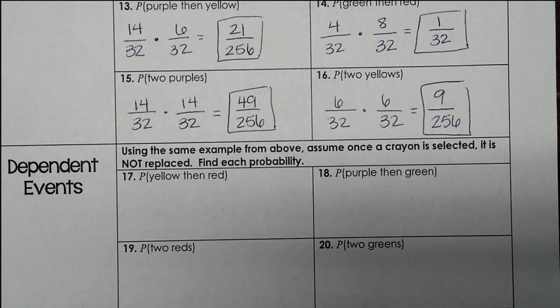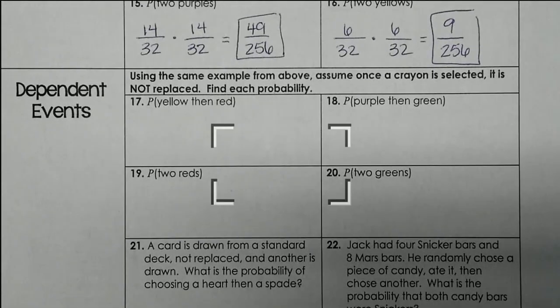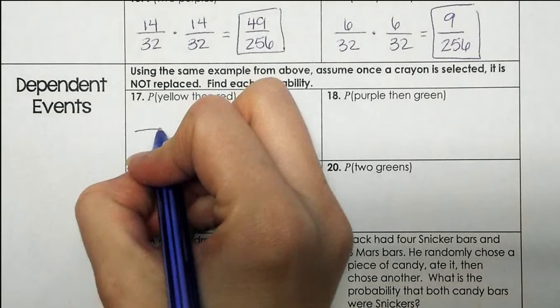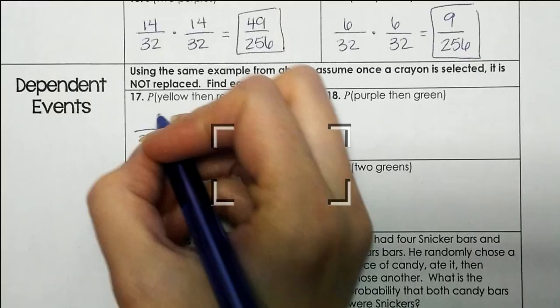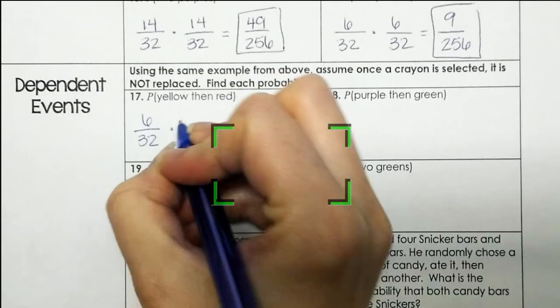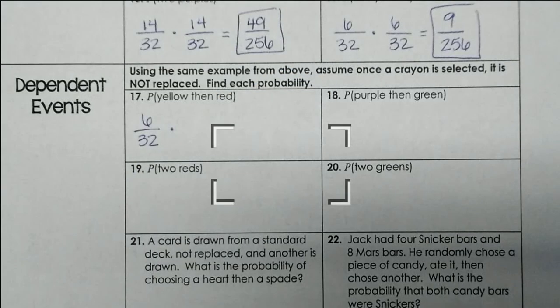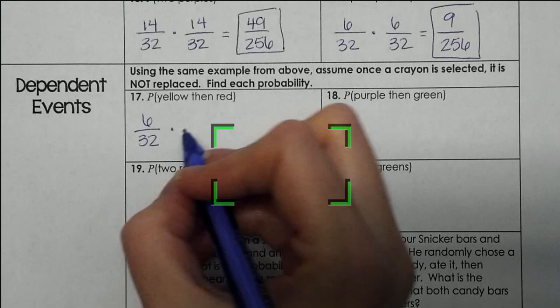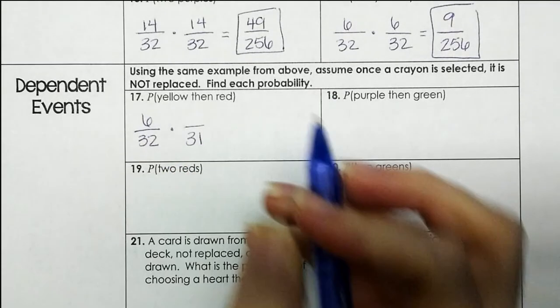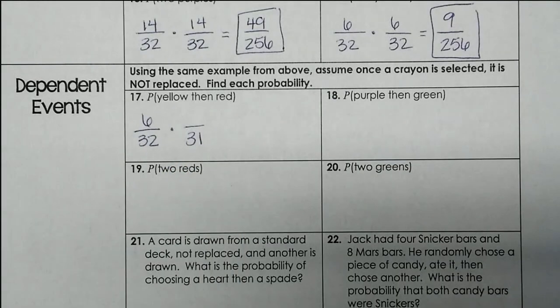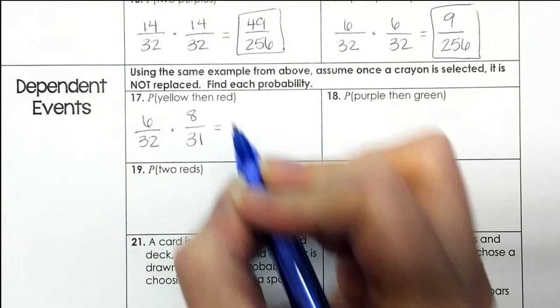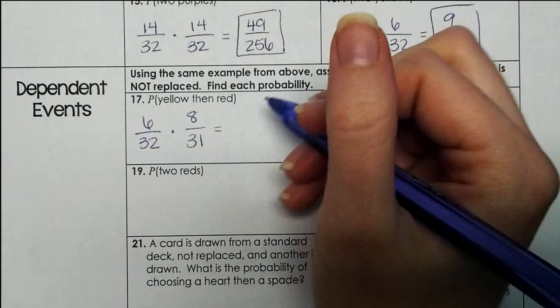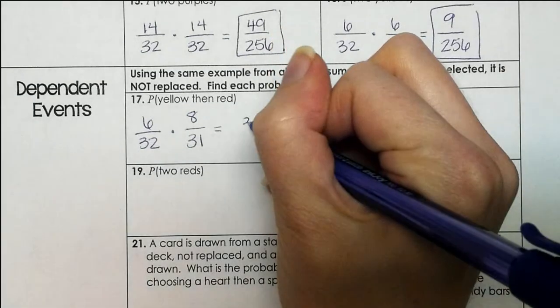So on number 17, at first there's still 32 crayons in the bag, and there are still 6 yellow crayons. But now we're taking that yellow crayon, we're not replacing it. So now there's only 31 crayons in the bag. And there are 8 red. So we're going to multiply those, reduce, and I get 3 over 62.